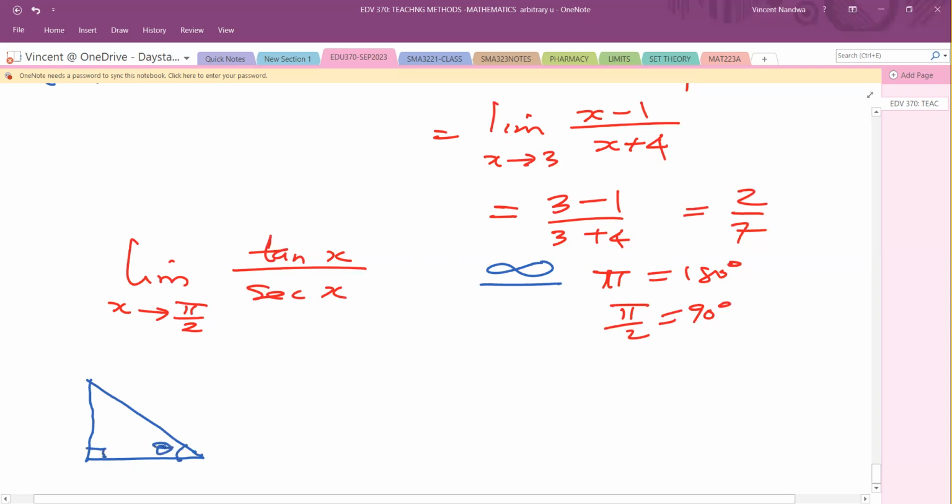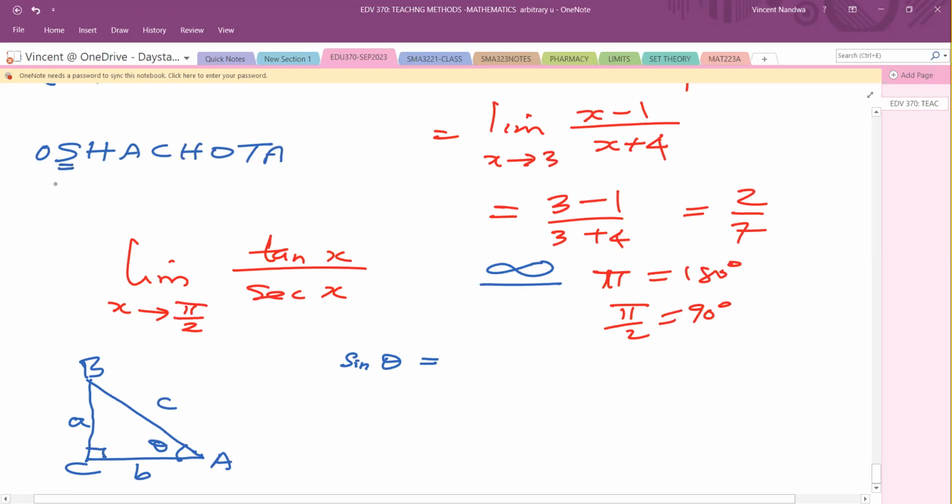Sasa ukiwa hapa na theta, if I call this angle theta, na niite hapa B, niite hapa A, niite hapa C. So this is A, C, B. So in this triangle, I can define what I call sine theta, which is usually opposite over hypotenuse. So nakumbuka hii kitu mlifunza. Yeah. So then sine is opposite over hypotenuse.